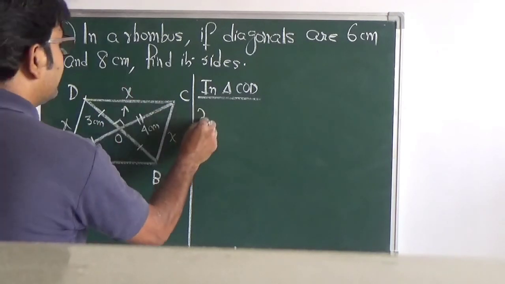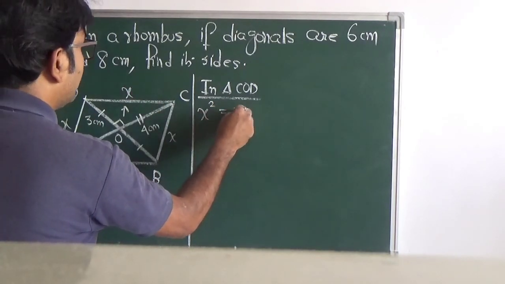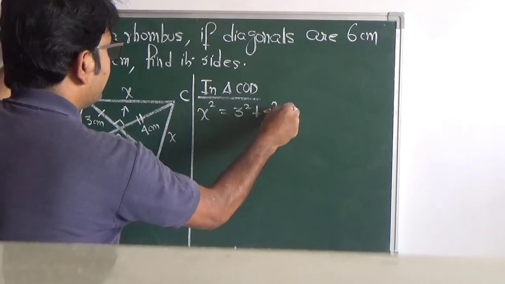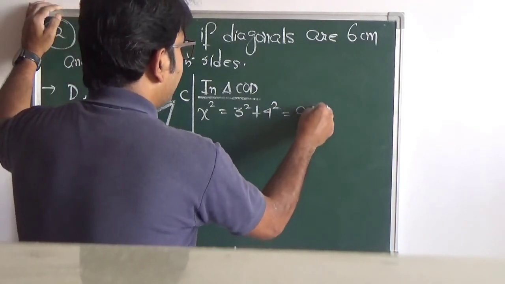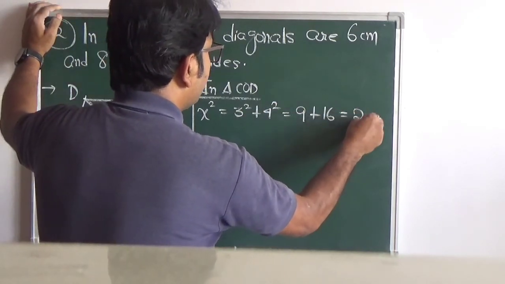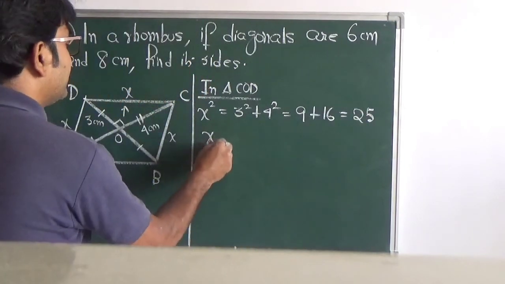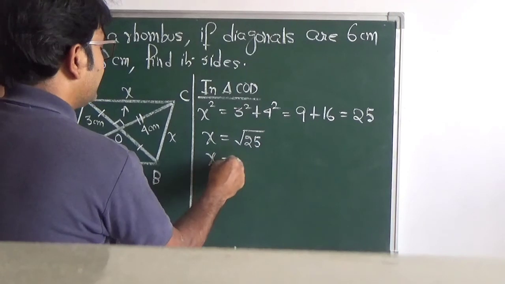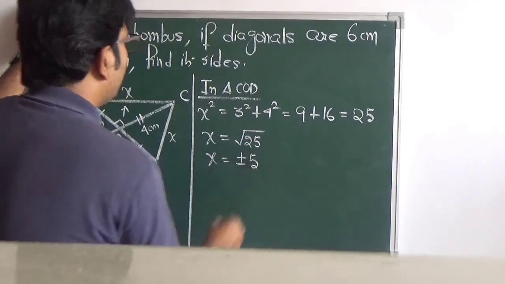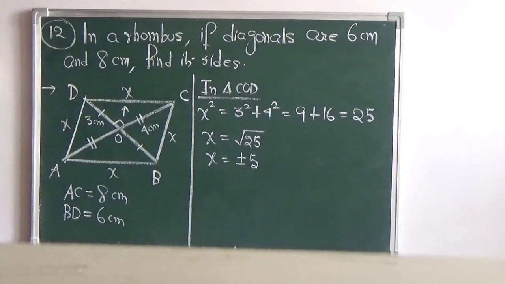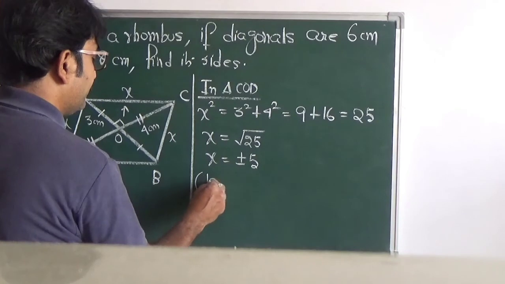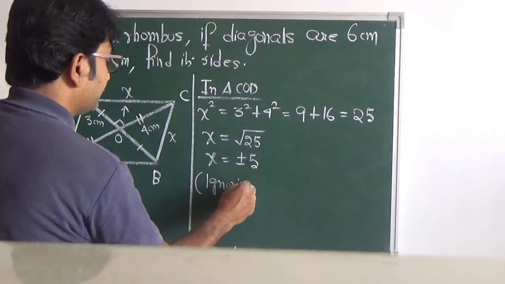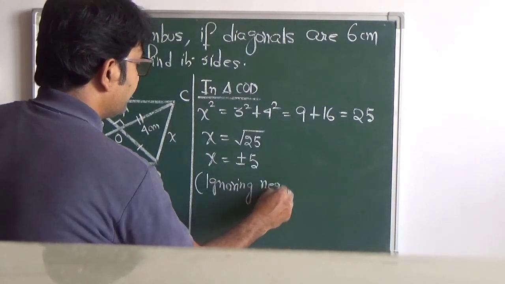Remember, x square is equal to 3 square plus 4 square, and that is 9 plus 16, and that is equal to 25. So x equals square root of 25. So x we get equals plus minus 5. Now we cannot take the negative sign. Why?